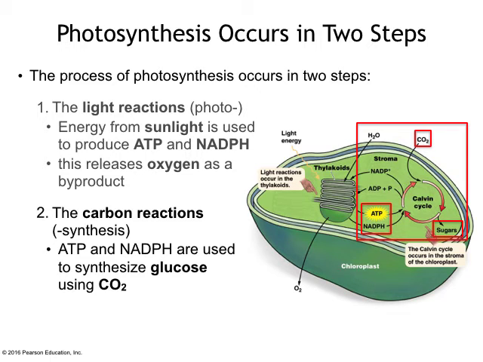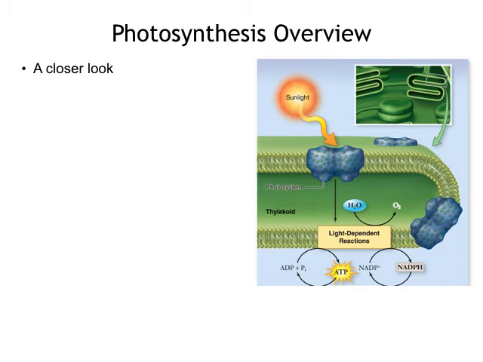All right, so that's the breakdown of this little diagram. If we zoom in and take a closer look, we're now looking at where photosynthesis happens, and this is in the thylakoid membrane. Again, these are those little squiggly lines in the chloroplasts, right? The first step is the light-dependent reactions that make the ATP and the NADPH.